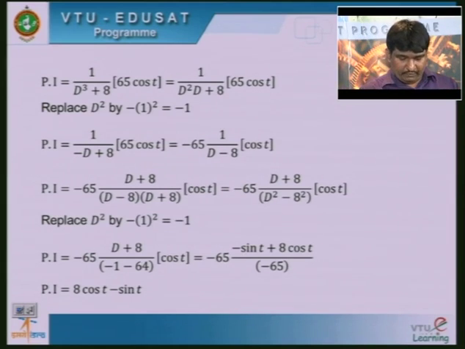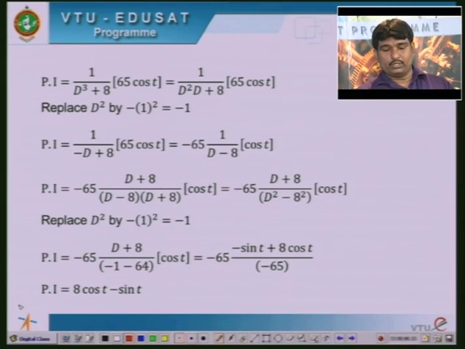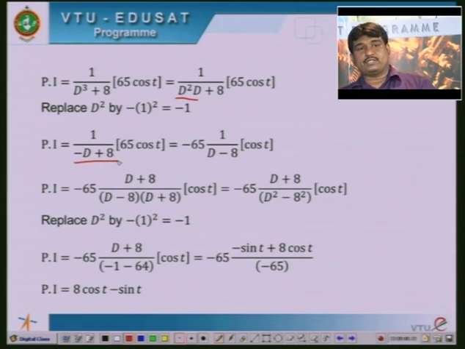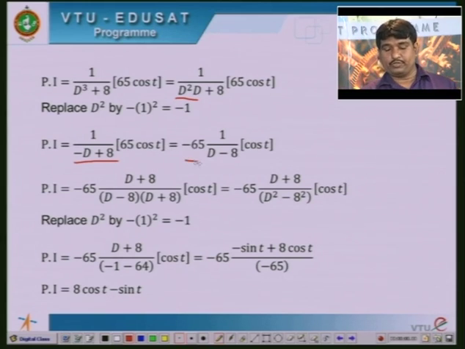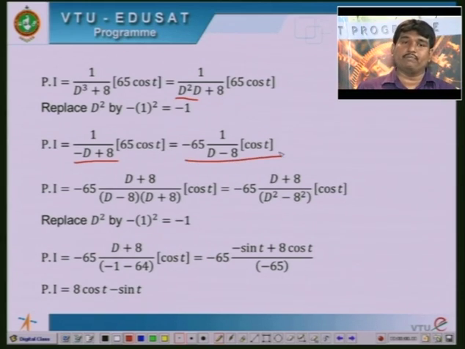So here we have a D cube term, so express that as D square into D. Now replace D square by minus 1, we get minus D plus 8 operated on 65 cos t. Now minus D plus 8 is a linear term. I have taken 65 outside, I have taken minus outside here, so it is minus 65 into 1 by D minus 8 operated on cos t.